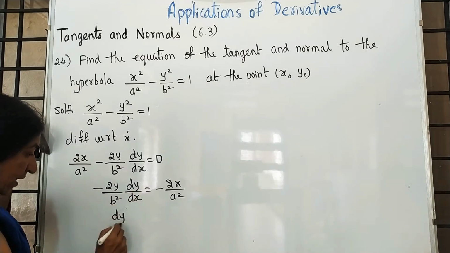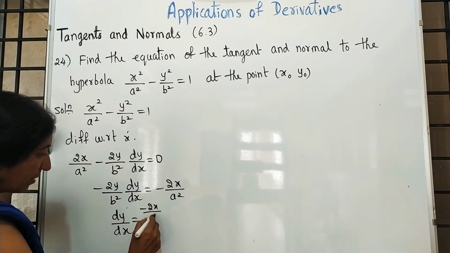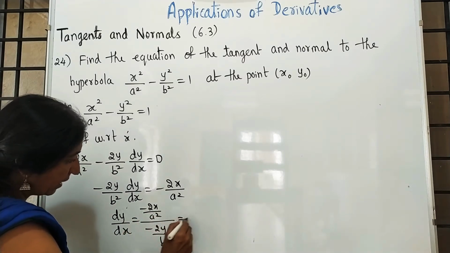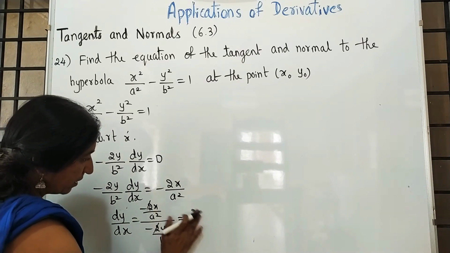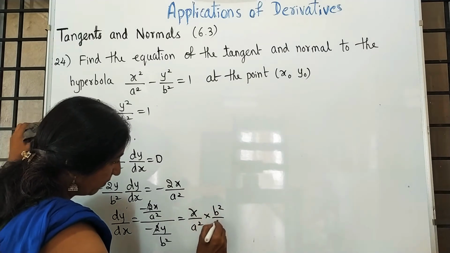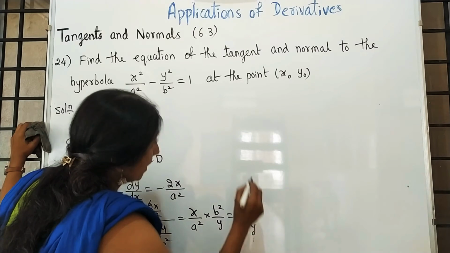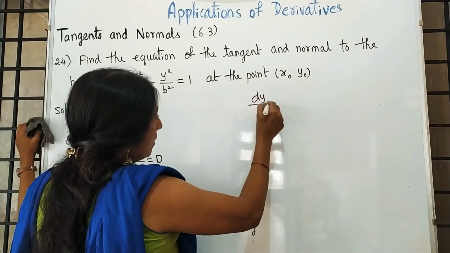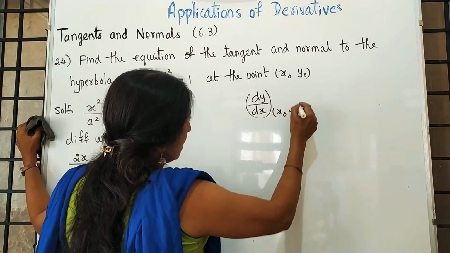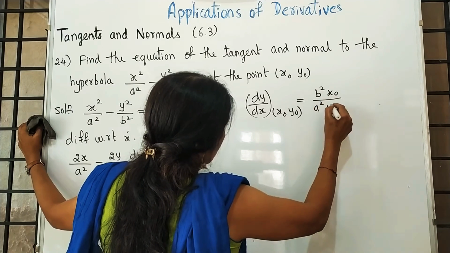When you rearrange, it is dy upon dx, still I am writing with minus, it is minus 2y upon b square. Minus cancels, 2 also cancels. X upon a square into b square by y. That is b square x upon a square y. But the point is given, so dy upon dx at x naught y naught is b square x naught upon a square y naught.